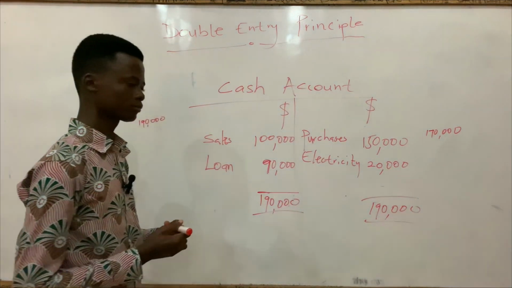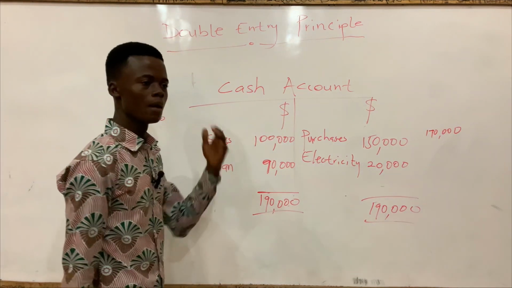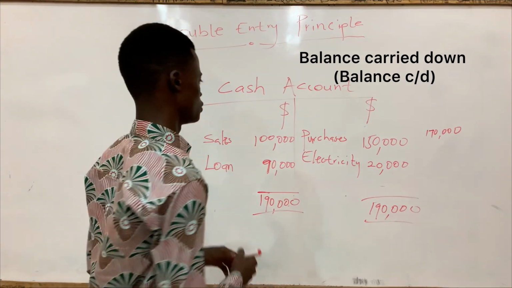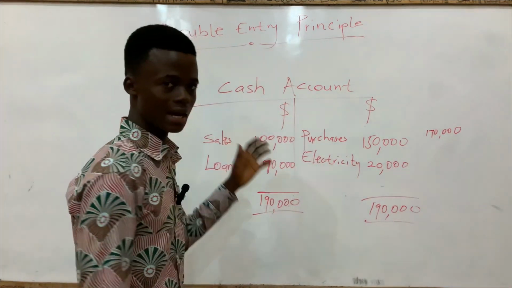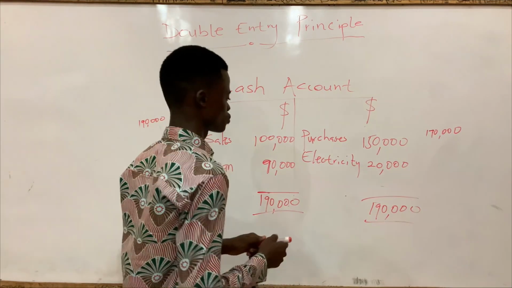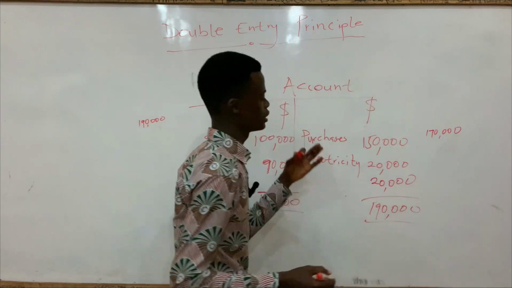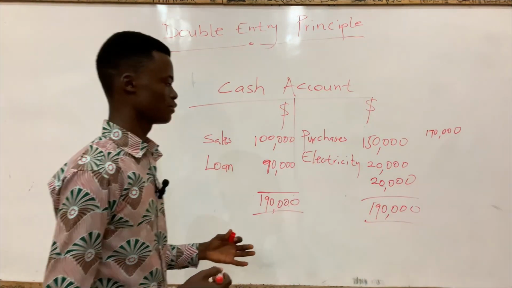After that, you find the difference between these two totals and put the difference on the side with a shortage and call it balance down. So the difference is $20,000. You put the difference on the side with the shortage, and in this case, our credit side is the side with the shortage.